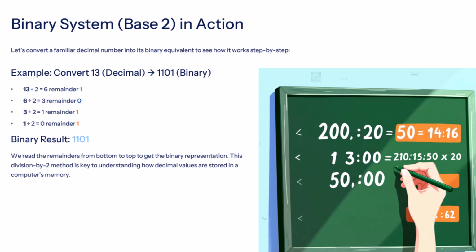You divide the 13 by 2 and take the remainder, then divide the 6 by 2 and take the remainder, divide the 3 and take the remainder, divide the 1 and take the remainder, and then we read from down to up. This is how a computer understands your number 13.